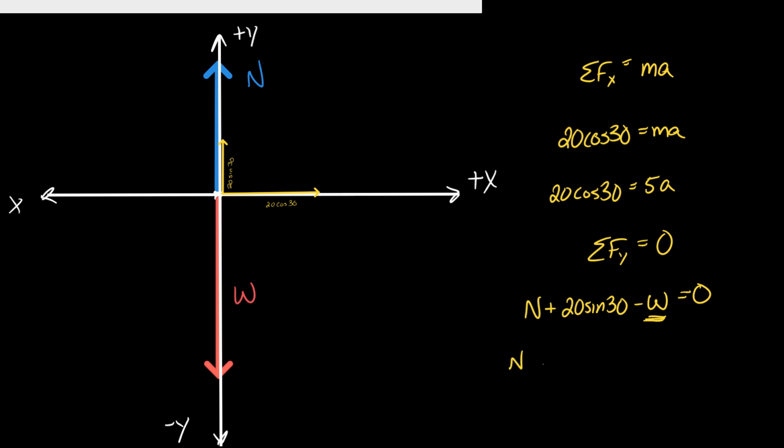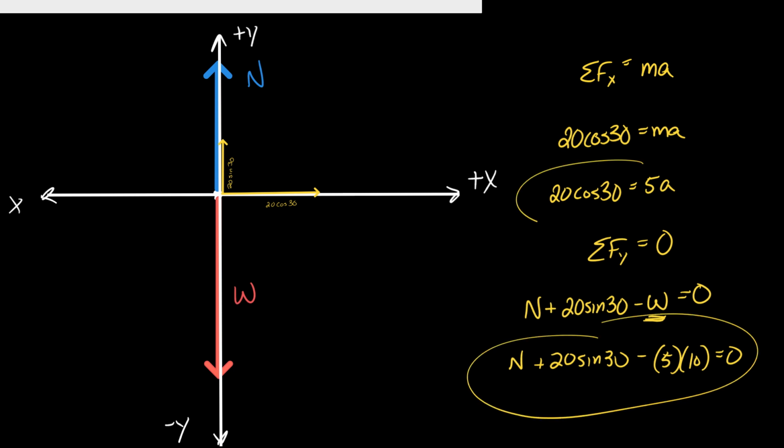Here, N plus 20 sine 30 minus mg, 5 times 10 equals 0. Yeah, I can solve that for normal force. That's where you get your 40 newtons and your 3.5 meters per second squared.